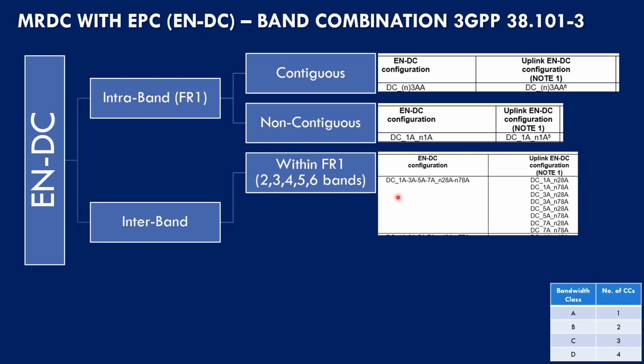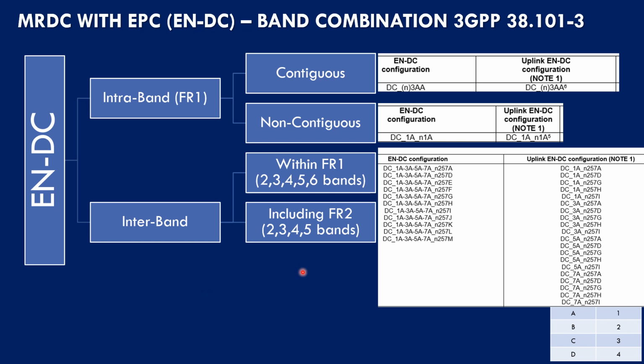After DC it is giving 6 bands: 1, 2, 3, 4 without the NR prefix, so 4 bands are from LTE, and these 2 bands, N28 and N78, are from NR. So a total of 6 bands, 4 from EUTRA and 2 from NR, each having A as the suffix, which means all of them can have a maximum of one carrier component.